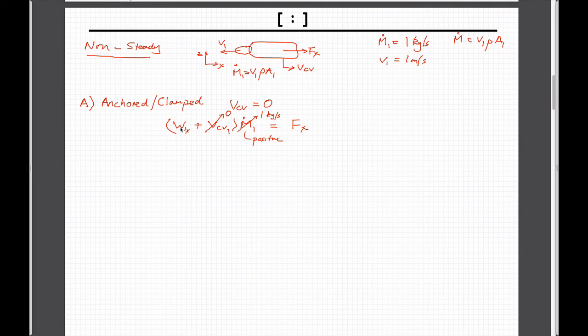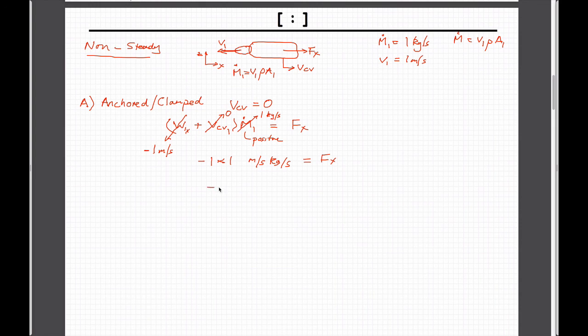The flow rate relative to our system here is equal to 1 meter per second. It's flowing in this direction, so it's negative. And so the force would be minus 1 meter per second times 1 kilogram per second equals the force in the x direction.